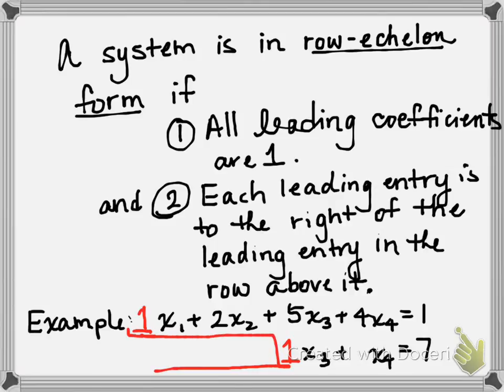It goes stair-step. And the reason that we like row echelon form is it helps us determine what the solution set to a system of linear equations is. So when we are trying to solve linear systems of equations, what we want to do is use some techniques in order to find an equivalent system of linear equations that is in row echelon form.